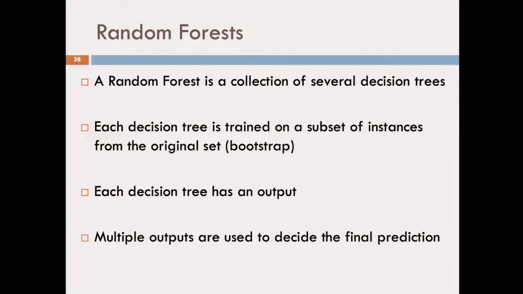So we go to the original data set and randomly get some instances. I can also get instances with repetition, so I can have repeated instances in my subset. Each decision tree has an output, then the multiple outputs are used to decide the final prediction, for example, using the majority voting schema.